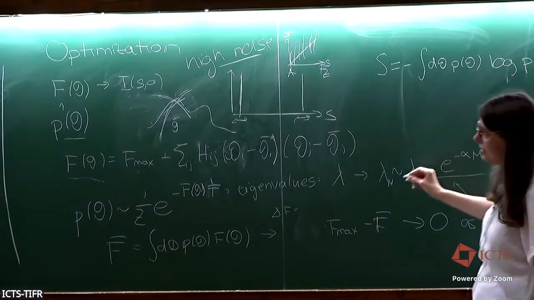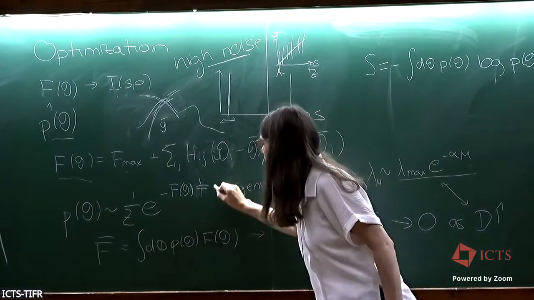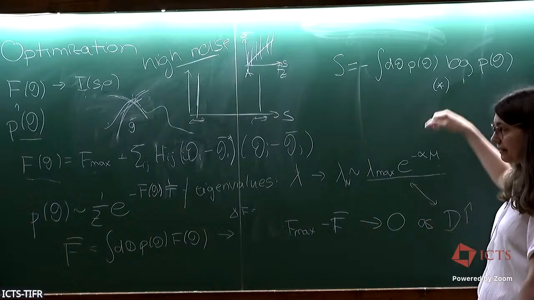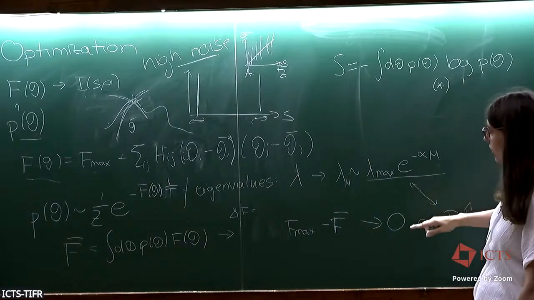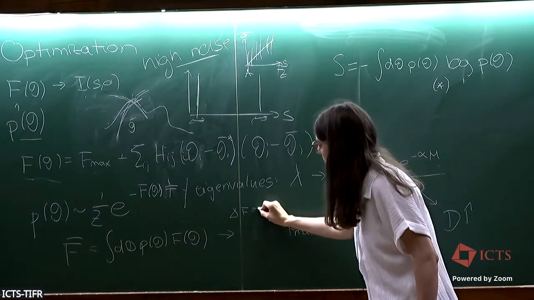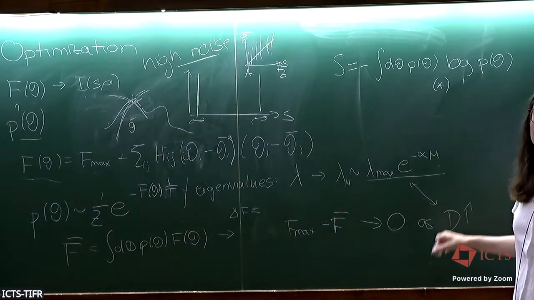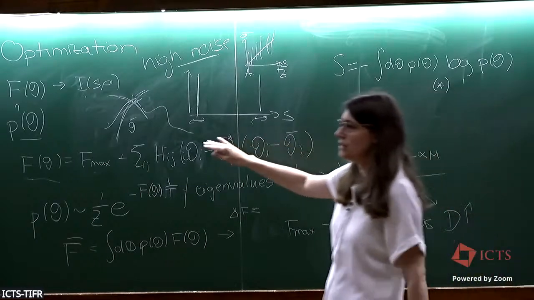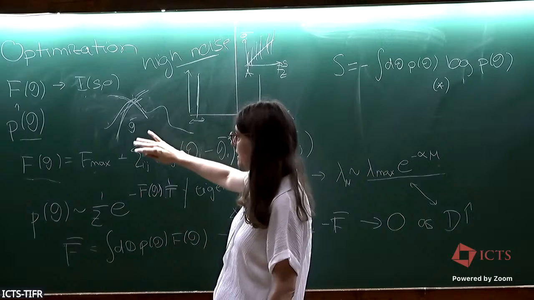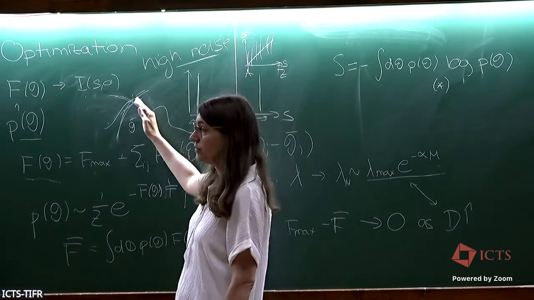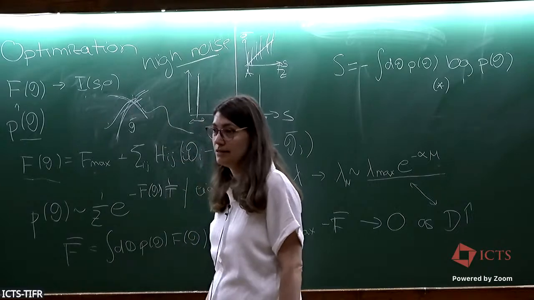I can then insert my maximum entropy expression into here, calculate the entropy, and then overall I can find for this delta f that it goes to 0 as the dimensions increase, which I think makes sense, because it's saying that a maximum entropy approach will get you close to an optimum because the landscape is sloppy.